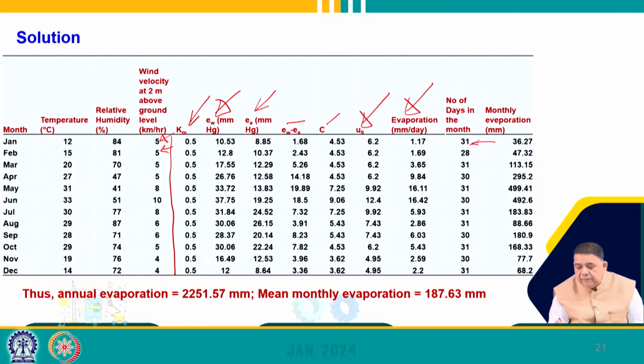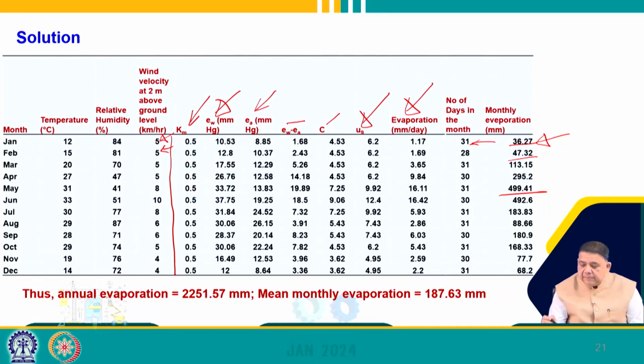And also we know the number of days in the month. So, by multiplying that, we can get the monthly evaporation value, which comes out to be, for different months, January 36.27, February 47.32, and of course, in the month of May it is highest, 499.41, and so on.